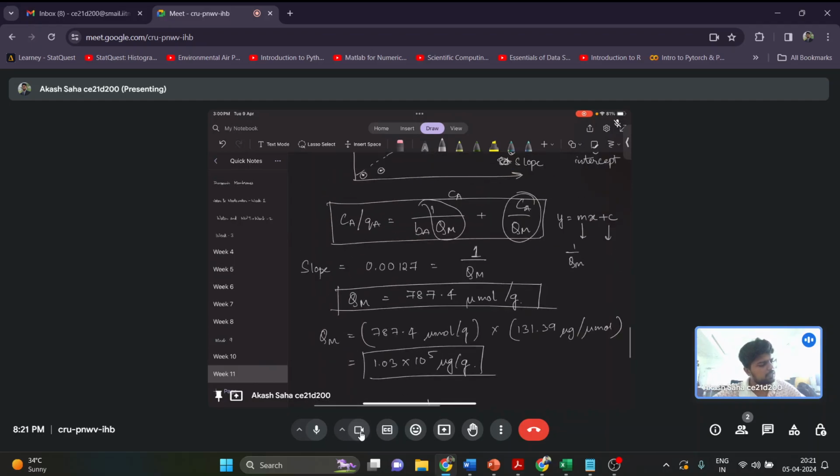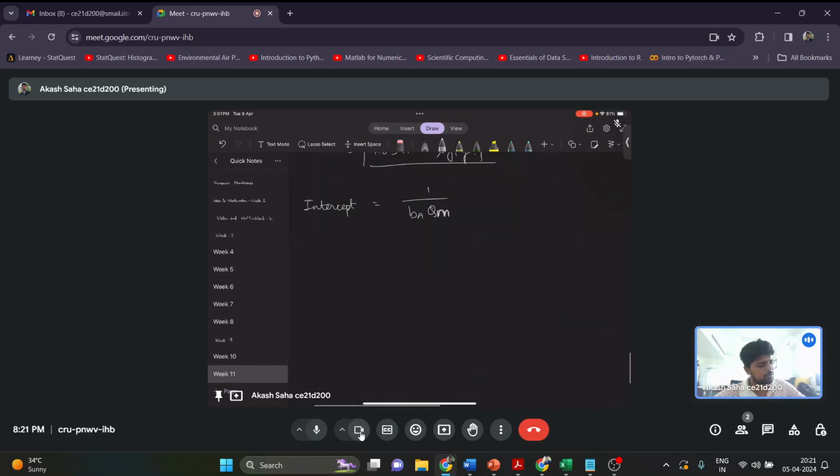Just a small correction here. Ca is my x. So 1 by Qm into Ca by Qm, so 1 by Qm will be my m value and my intercept will be 1 by Ba Qm. Whatever I told earlier was incorrect actually. So my slope value will be 1 by Qm and the intercept value will be 1 by Ba Qm. Okay, so this is how it is. Let me write it once more.